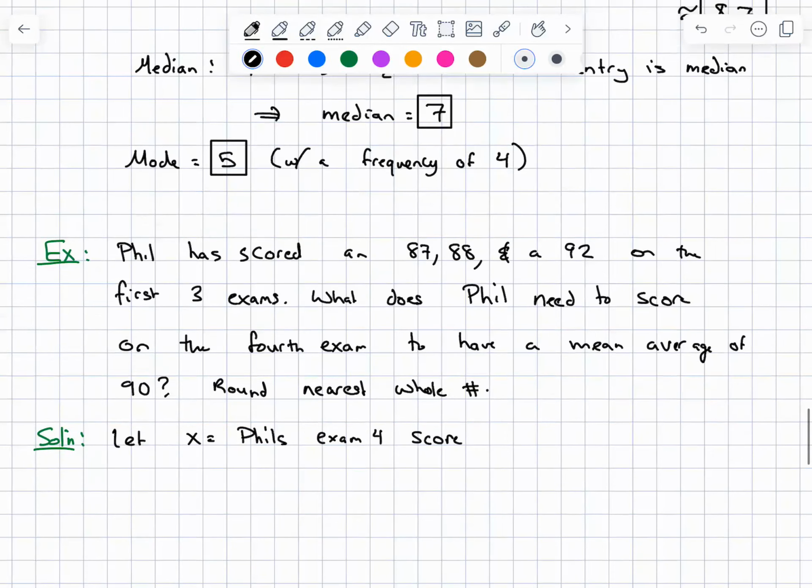We want the mean to equal 90. So we essentially just need to solve for x in the mean average formula.